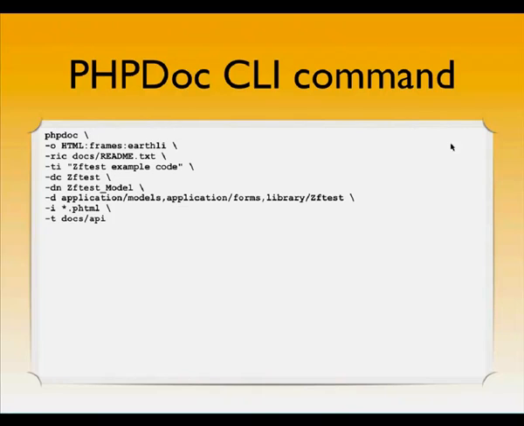My default category would be ZFTest. My default package would be ZFTest model if I forgot to put the package there. And of course, my directories would be application models, application forms, and libraries ZFTest. Those are, if you're working with Zend Framework, those would be your normal directories that you would scan.